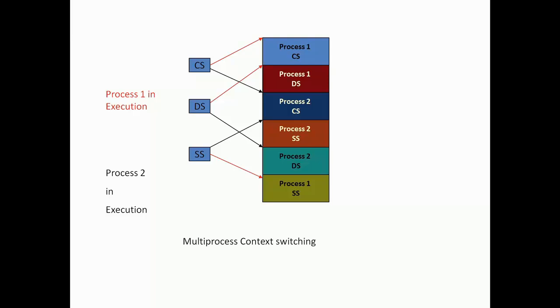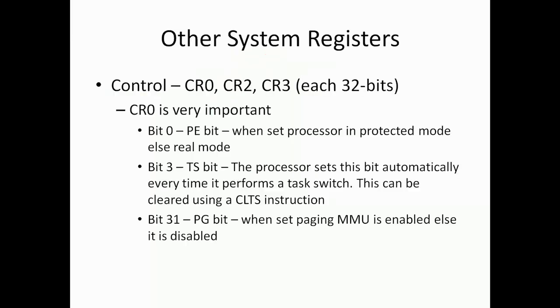In addition to this, the x86 architecture has control registers. There are 3 control registers of importance as of now, and each of them is 32 bits in length. CR0 is very important and has some very interesting bits. Bit 0 set to 1 puts the processor in protected mode.